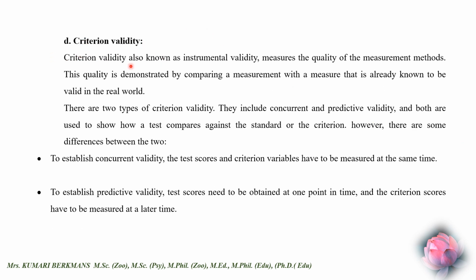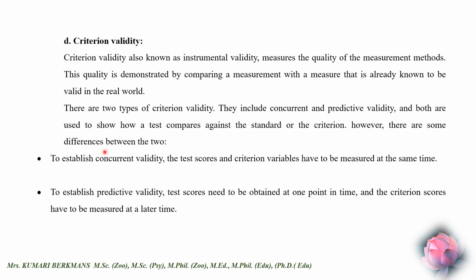Criterion validity. Criterion validity, also known as instrumental validity, measures the quality of the measurement methods. This quality is demonstrated by comparing a measurement with a measure that is already known to be valid in the real world. There are two types of criterion validity. They include concurrent and predictive validity, and both are used to show how the test compares against the standard or the criterion.